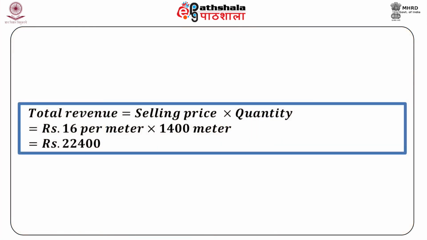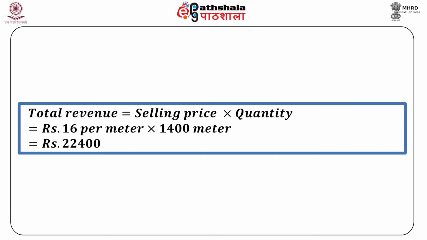Question C. Now if the firm produced 1400 meters of cloth, what is the effect on the firm's profit? Answer. Total quantity produced now is 1400 meters. Thus total revenue will be equals to selling price into quantity, which is equals to 16 into 1400, which is equals to 22,400 rupees.